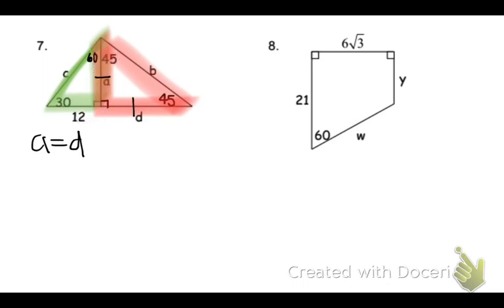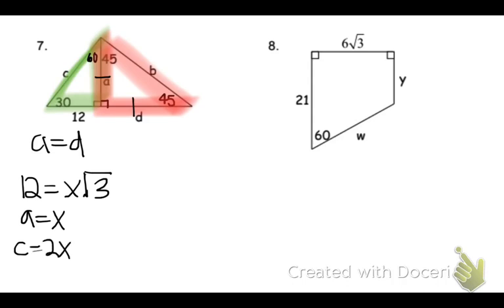So in this case, 12 is going to be X root 3. And then we said a second ago A was X. I didn't write it down, but A was X. And then we know that the hypotenuse, which in this case is C, is always 2X. So C equals 2X. And remember, this X that I'm writing down is coming from our pattern, the one on your formula chart. So don't let the X part confuse you.